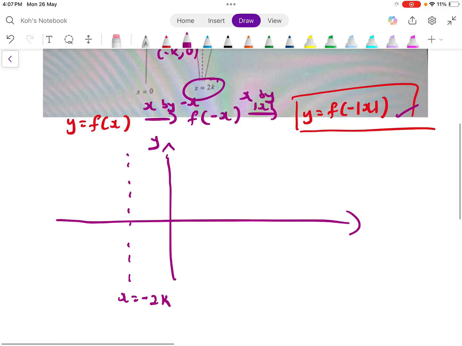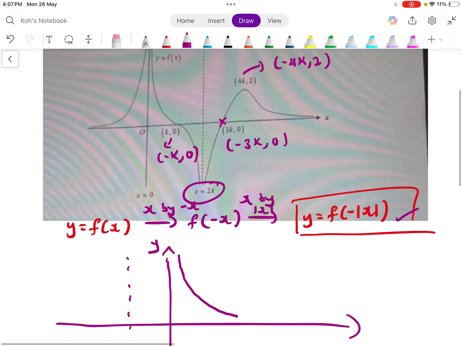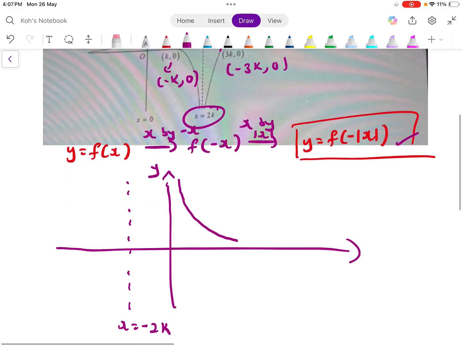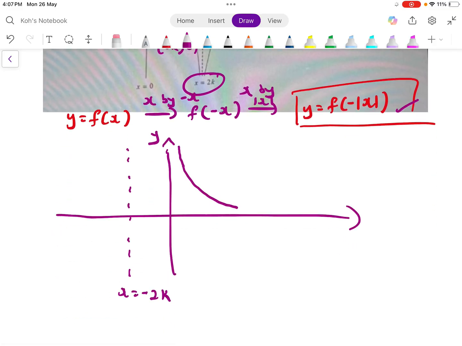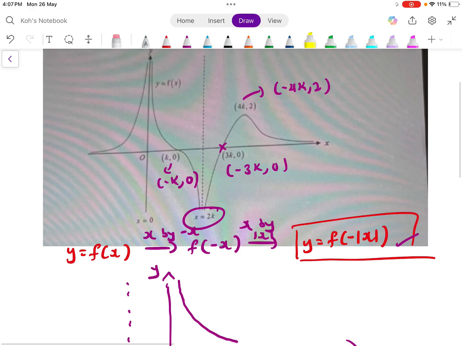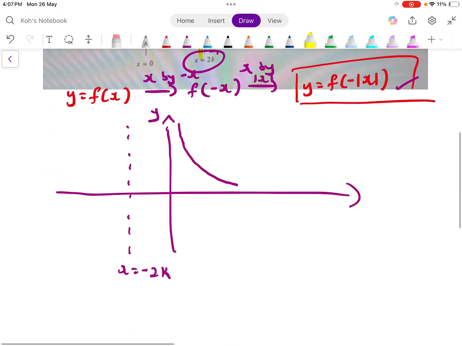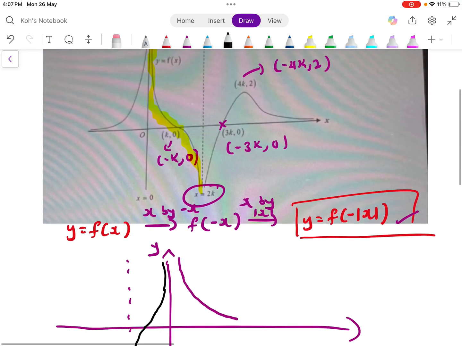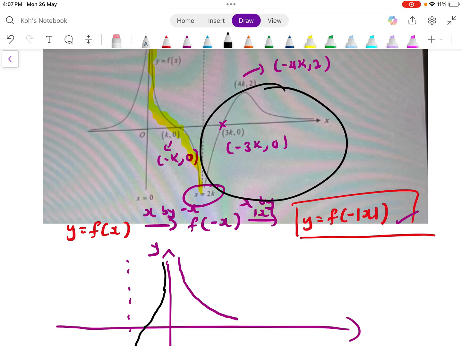This part will be right here, then after this will be right here. Because this part right here, you must reflect, it becomes something like this. Not very symmetrical, not very proportional, something like this. Then this will be here as well, so this part will be on the left hand side.